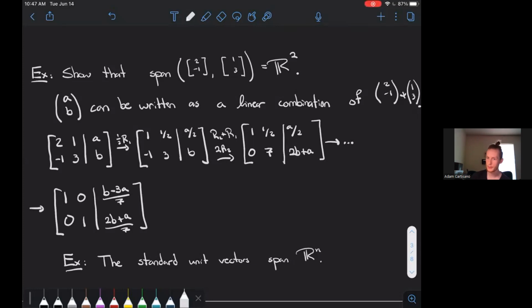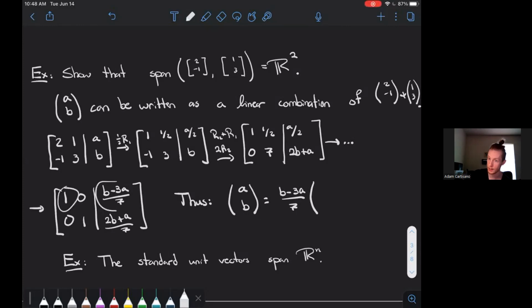So, in other words, the vector AB is going to be B minus 3A over 7 times the first vector, because the first constant is like some number, some function of A and B, right?